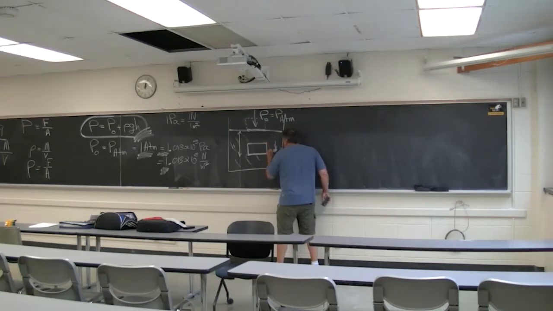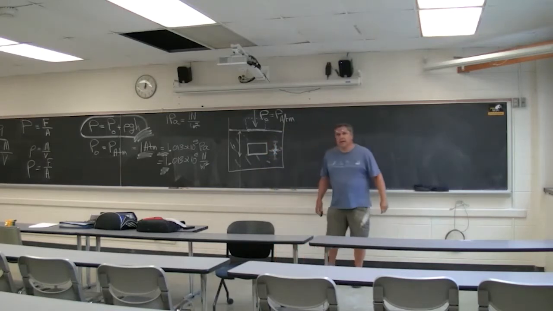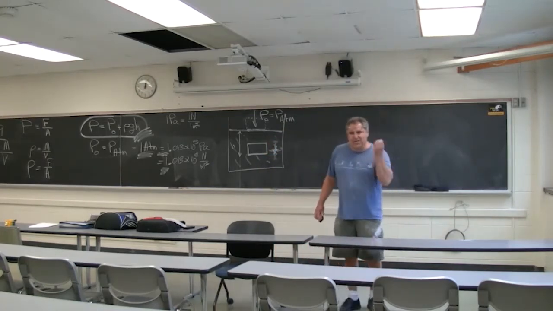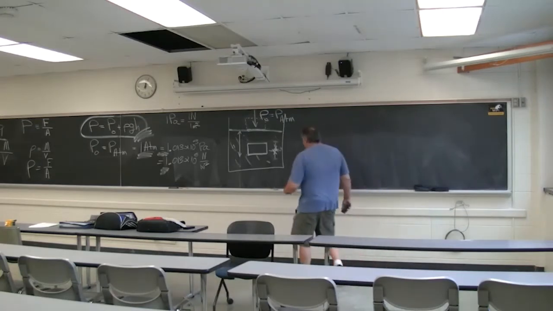The pressure experienced right here is the same as the pressure experienced there, the same as the pressure experienced there. They're all equal pressures. If it's just a point, don't even make it an object, make it a point.